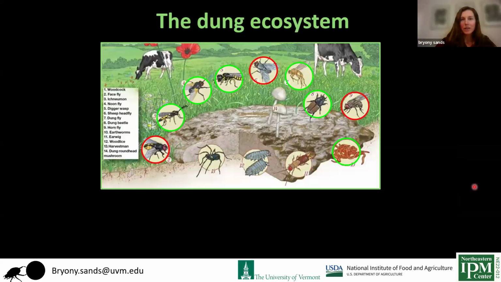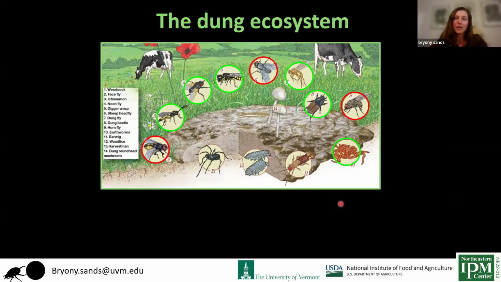So that is the main internal parasites. And this is an IPM webinar, so I'm not going to let you get away without me mentioning beneficial pasture insects. This is just a quick slide showing the dung ecosystem.